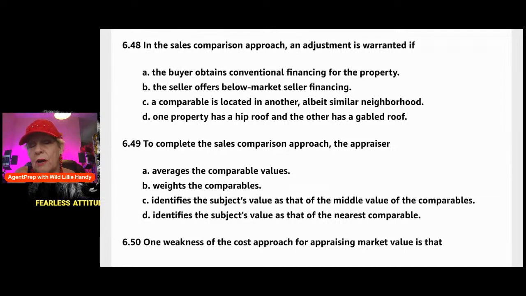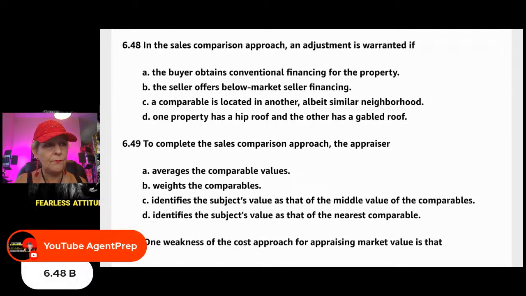Because if it's a cash offer, sometimes the seller may accept less. If it's a VA or FHA financing or conventional, there could be differences, right? There also may be buyer closing costs that a seller will contribute. So that's why they're saying an adjustment is warranted when the seller offers below market seller financing.